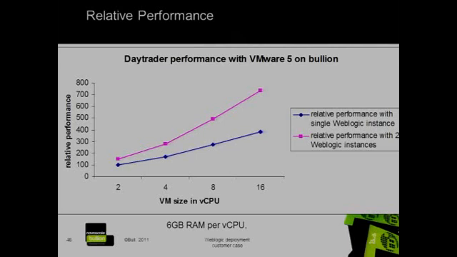So this is where you see why Justin recommends using smaller virtual machines, because then you have the best price-performance ratio. Now, if you add an extra instance into the same virtual machine, you get much better performance, because you get over 700.